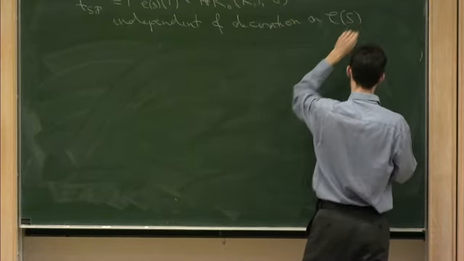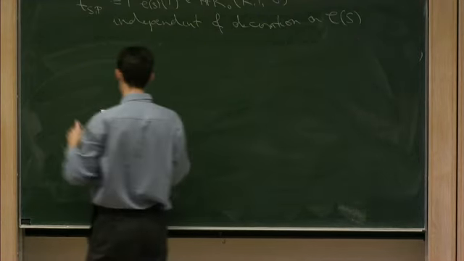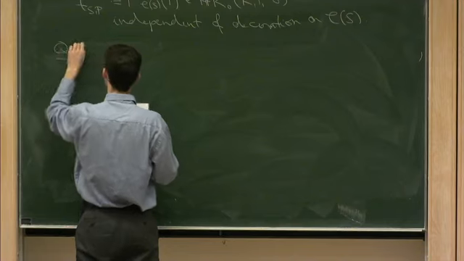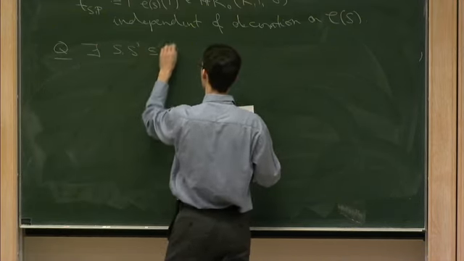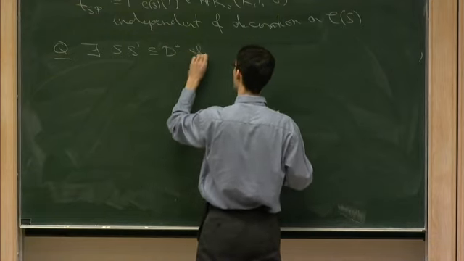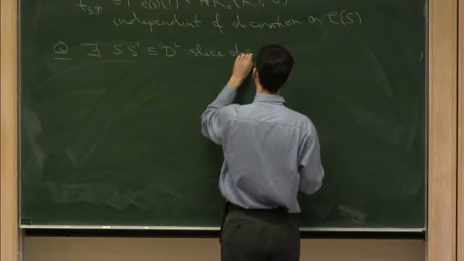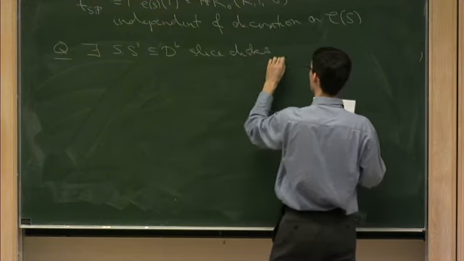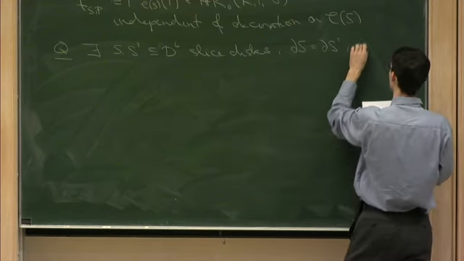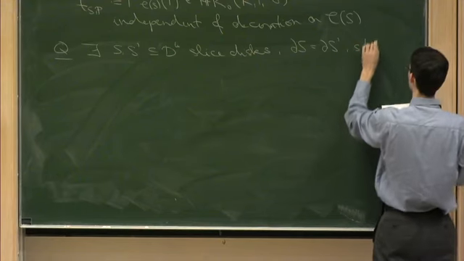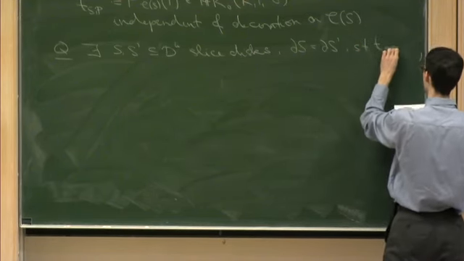And the question is, do there exist slice disks with the same boundary such that these elements are different?